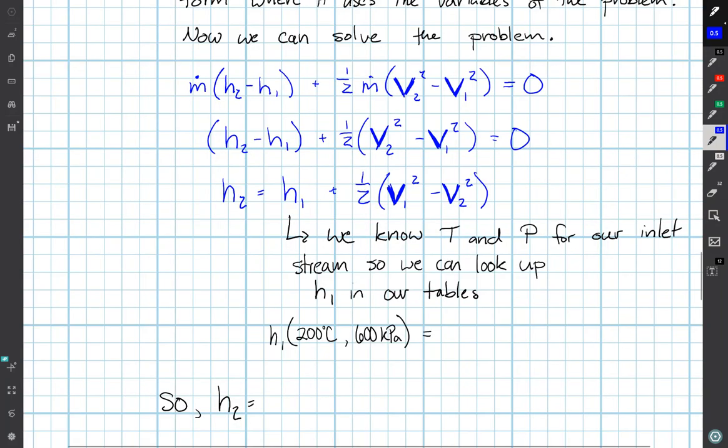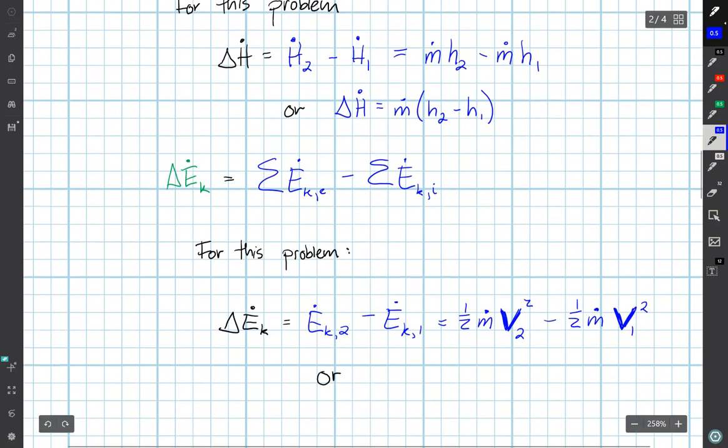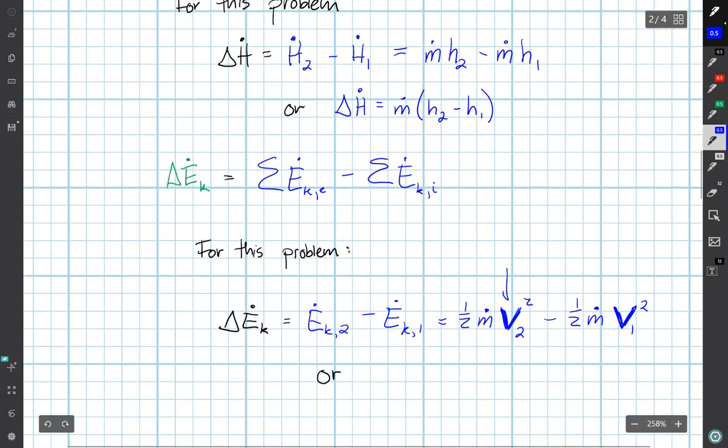where these bold letter V's, sorry, the bold V is velocity.